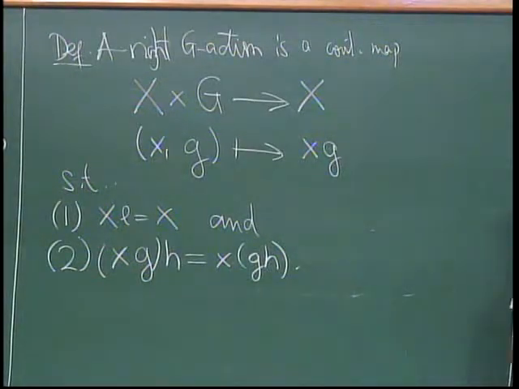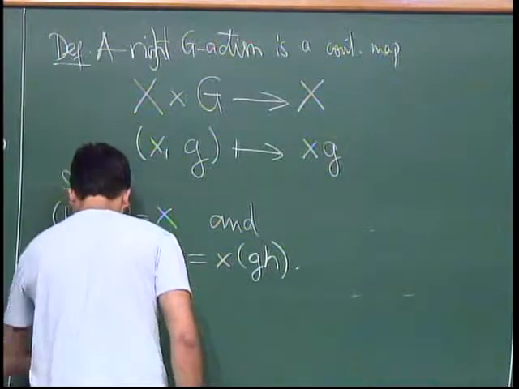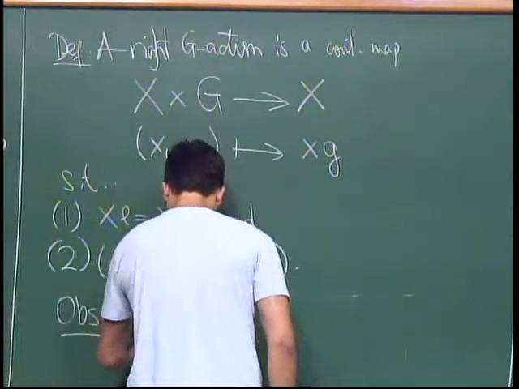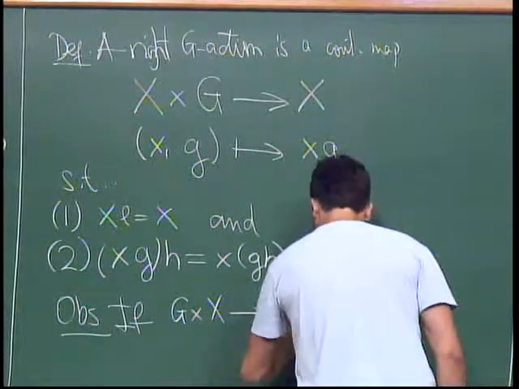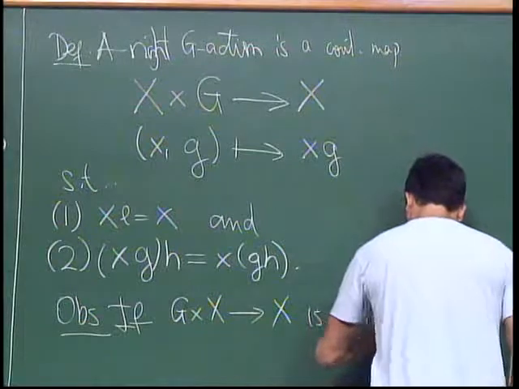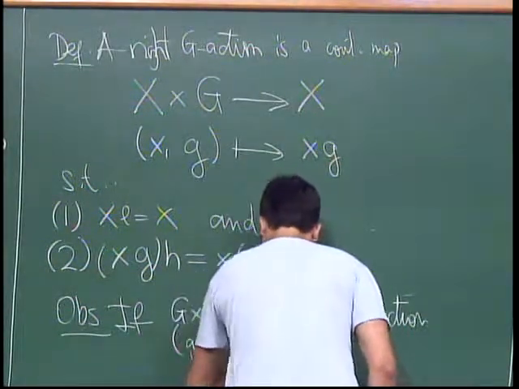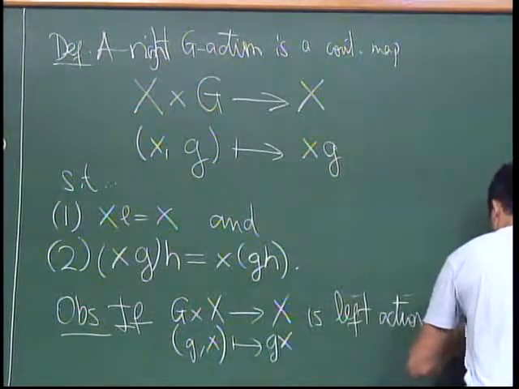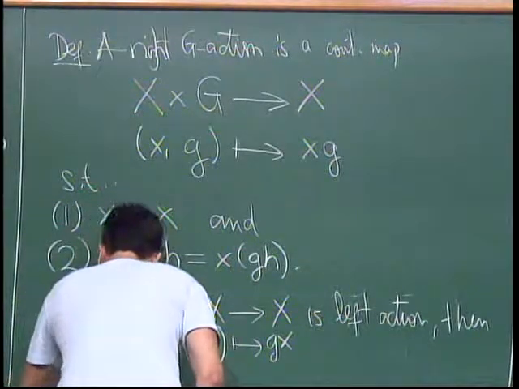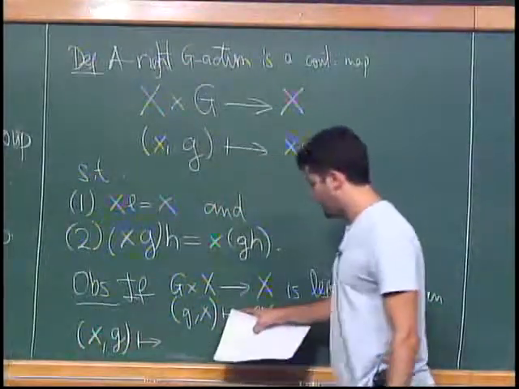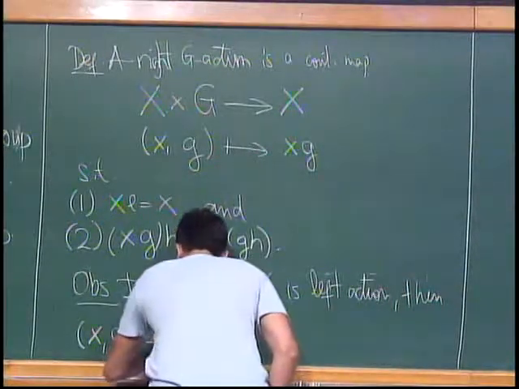And actually there is no distinction between left and right actions. Because if this guy here is a left action, (g, x) goes to gx, then I can construct a right action just by using the left action, but instead of multiplying by g, I multiply by g to the minus 1.